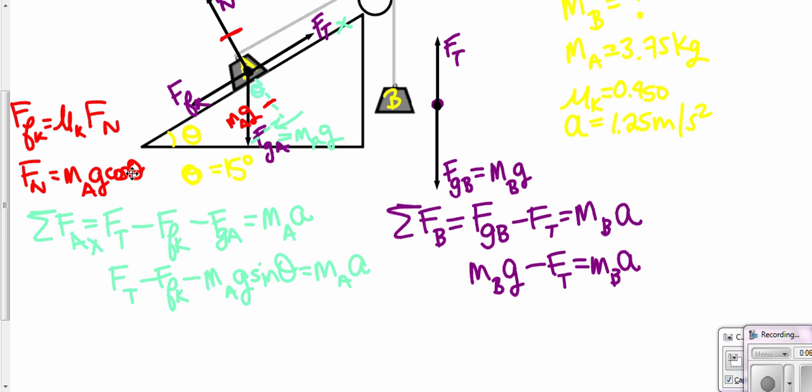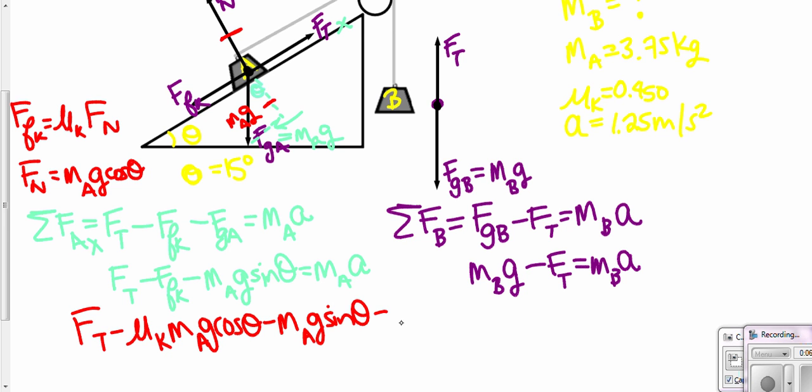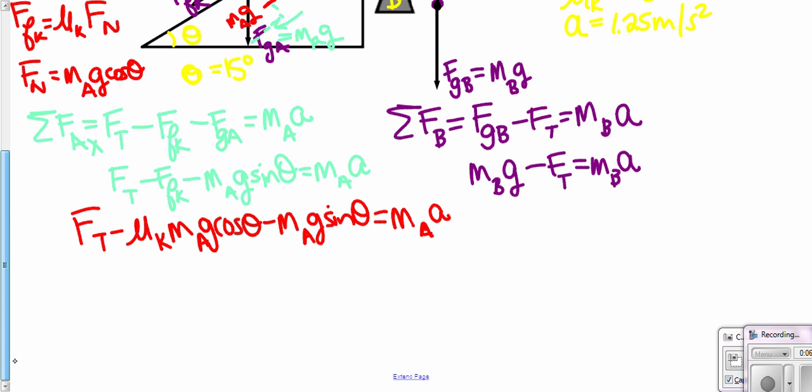Okay, so let's substitute this in now. If we know normal force, we have mu K times that. Okay, so the mass of A, G cosine theta, minus mass A, G sine theta equals mass of A times the acceleration of the system. And this might get us somewhere, because I don't know the force of tension here, and I don't know the force of tension here.